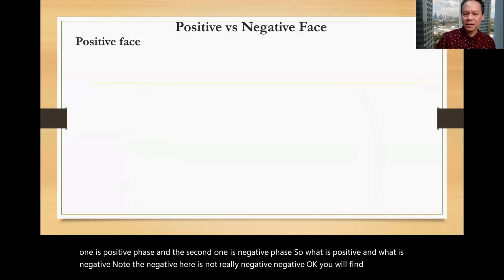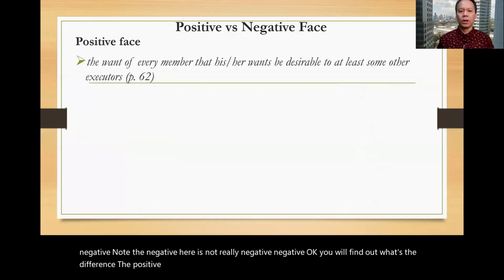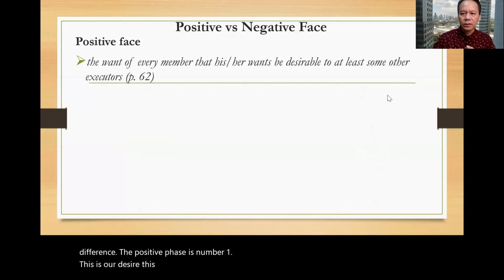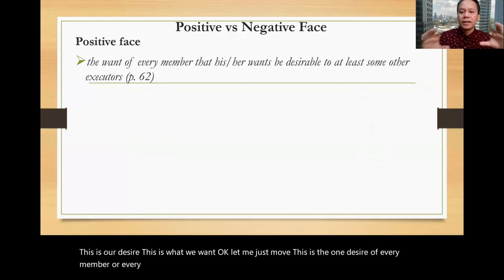What's the difference? The positive face is, number one, our desire. This is what we want. This is the want, the desire of every person, that his desires or his wants are acceptable or desirable to the other party.